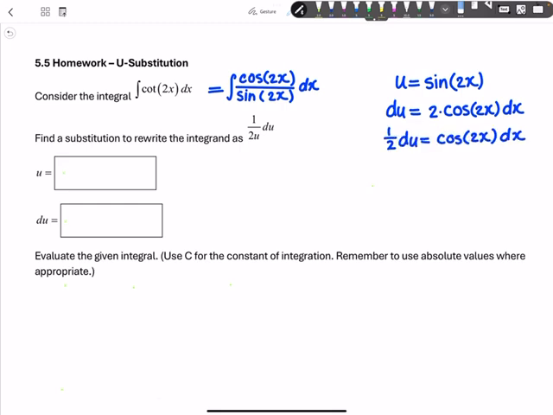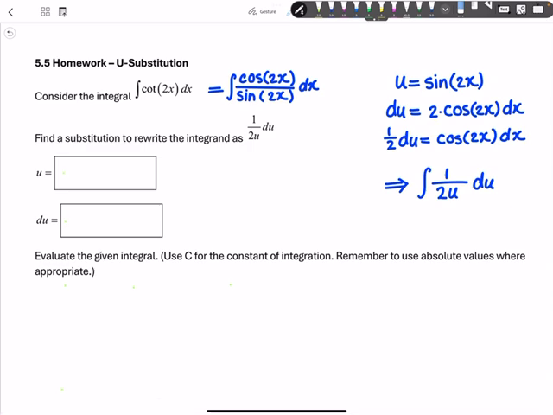All right. So I do have a cosine 2x dx in my problem, so this 2 is extra. I'm going to divide both sides of the equation by 2, so 1/2 du is equal to cosine of 2x dx. So finally, if we make our substitution, we do get the integral of 1 over 2u du.